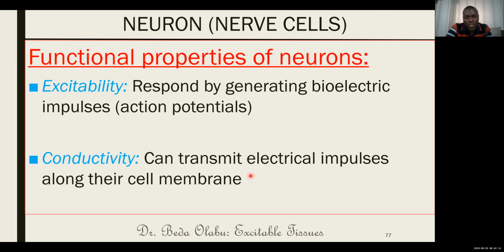Neurons can also transmit these impulses along the cell membrane. So far, the basic tissues we've done, the other two, none of them could do this too. And so neurons are very unique. We are going to see maybe next week that the other cell that can actually do these two are muscle cells.